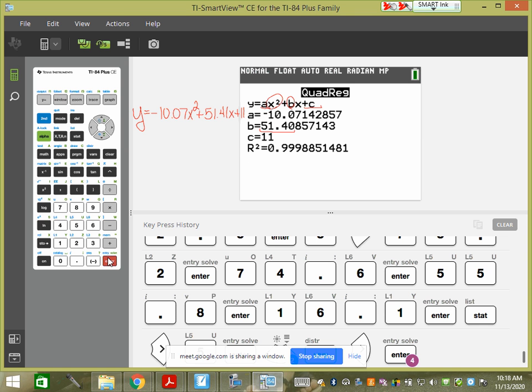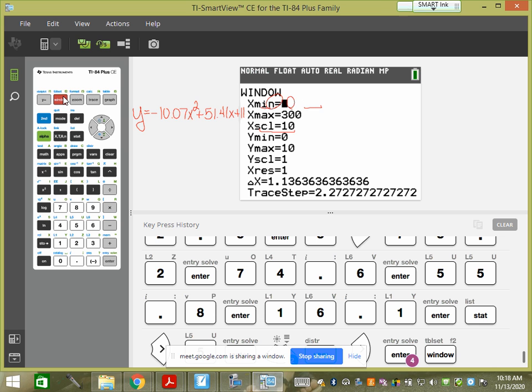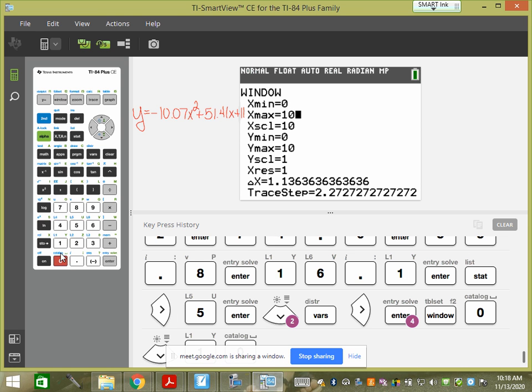C says, use your equation to determine the height of the ball. Well, I haven't changed my window yet, so that's the first thing I'm going to want to do. So I'm going to go to my window and make it fit. My x minimum could be 0. I always try and double my x maximum, so it could be 10 and a 1. And then my y minimum, make it 0, because that's ground level.